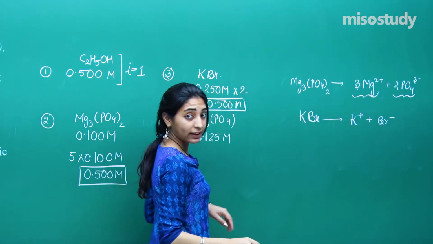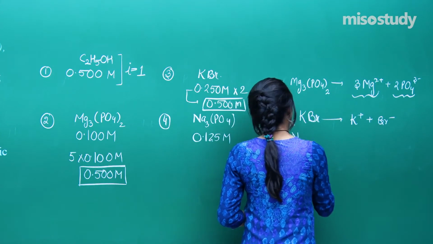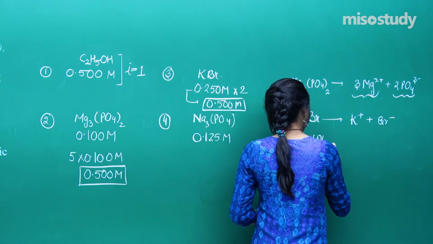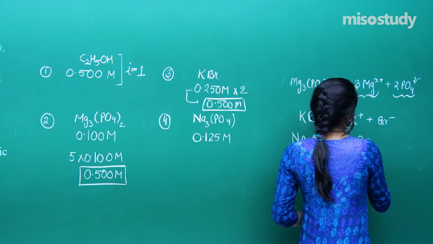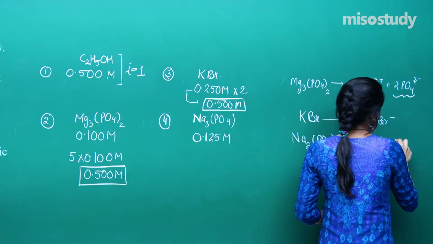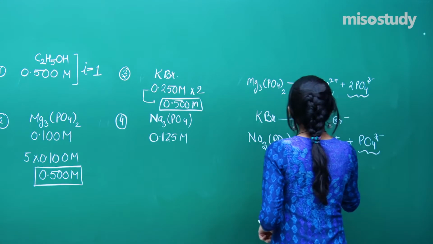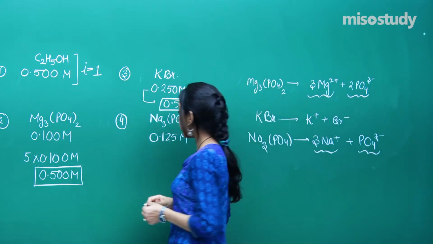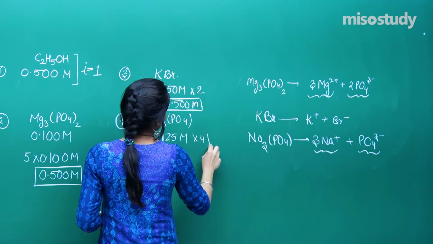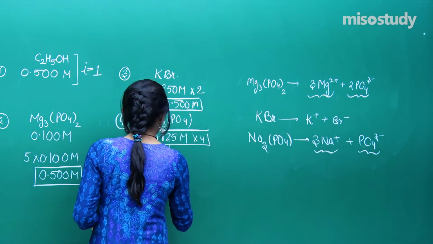And then we have Na3PO4, which gives 3 Na+ and PO4 3-, so a total of 4 ions. Multiplied by 4, it again comes to 0.500 molar.